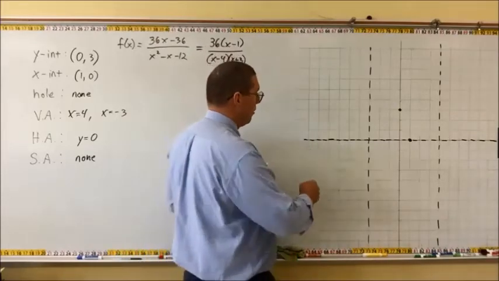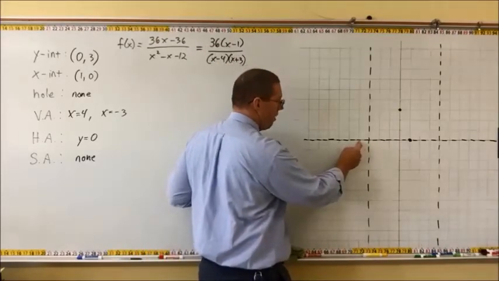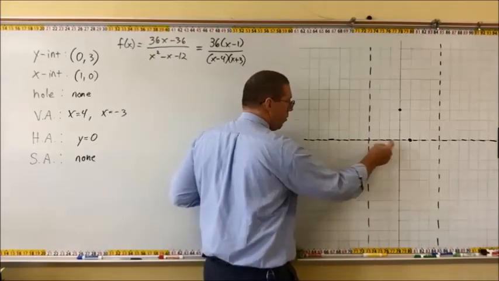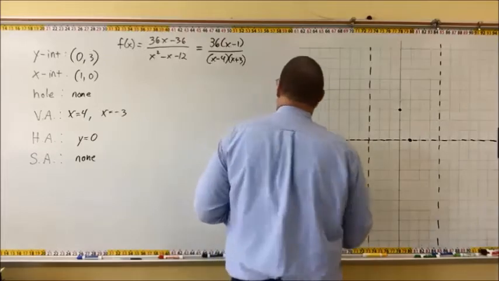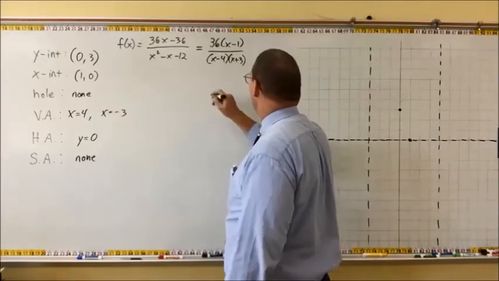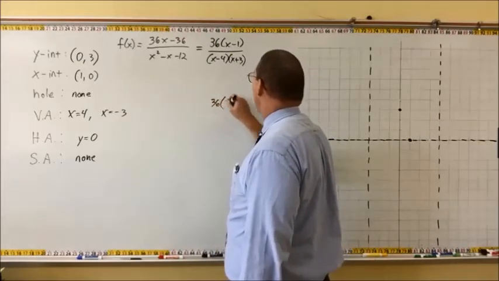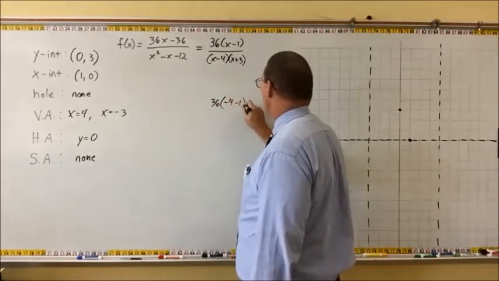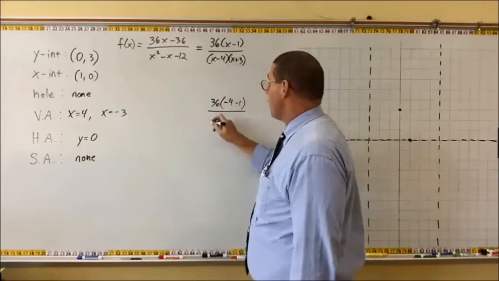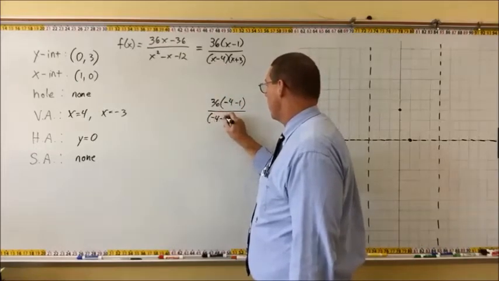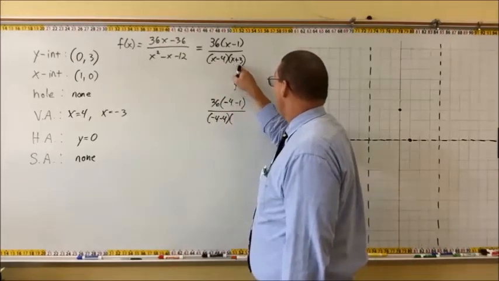So let's go to the left here. Let's just pick this number as a test point. Let's plug in x equals, what is this, -1, -2, -3. Let's plug in -4. If we plug in -4 in here, we'll get 36 times -4 minus 1 over -4 minus 4, that's -8, times -4 plus 3.